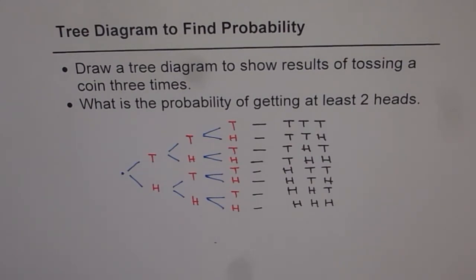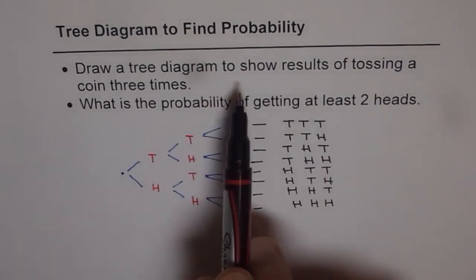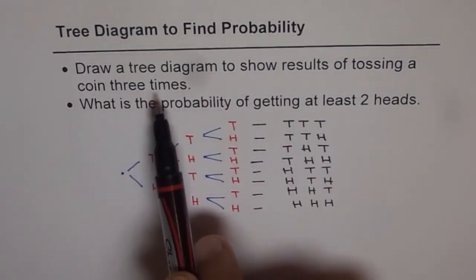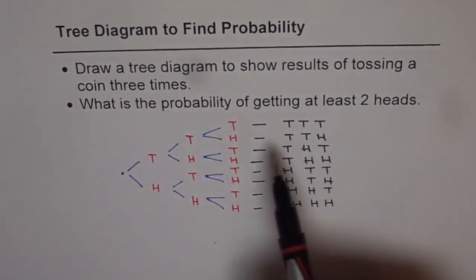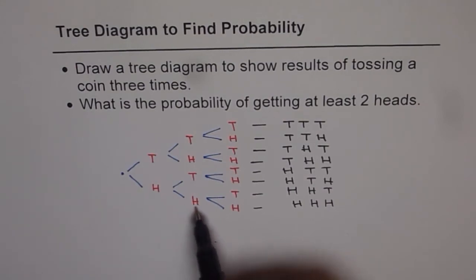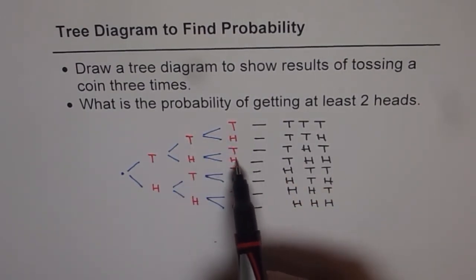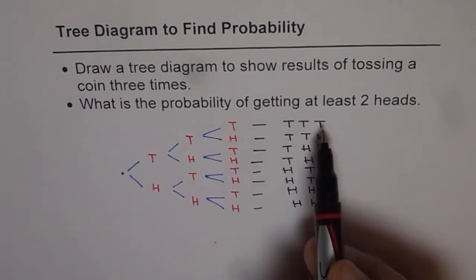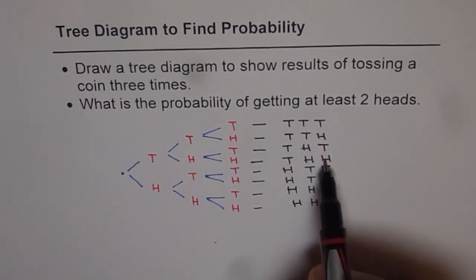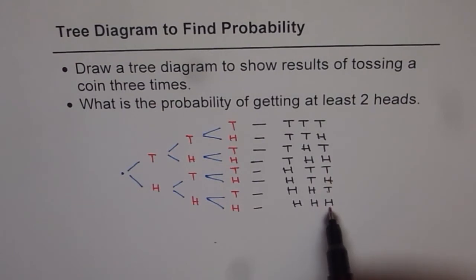So when you show results of tossing a coin 3 times, we did first, second and third, and we get 1, 2, 3, 4, 5, 6, 7, 8.